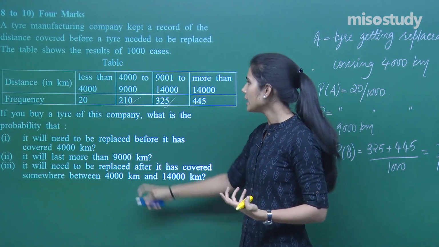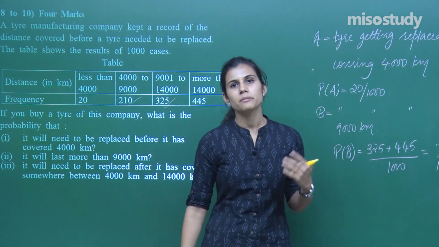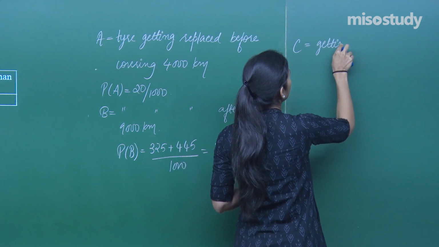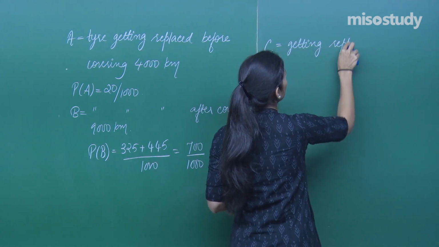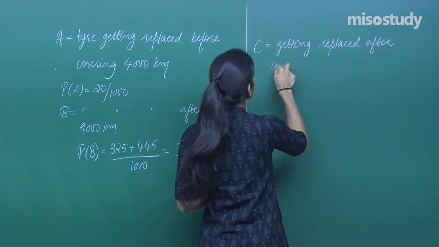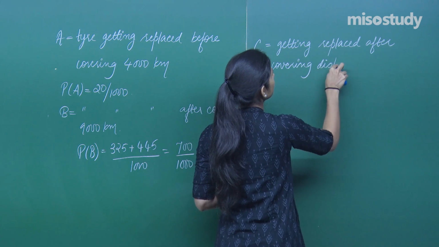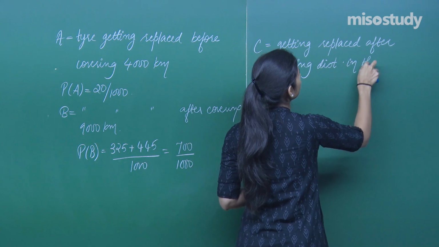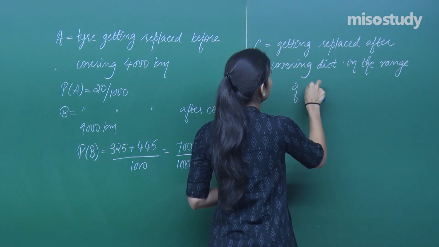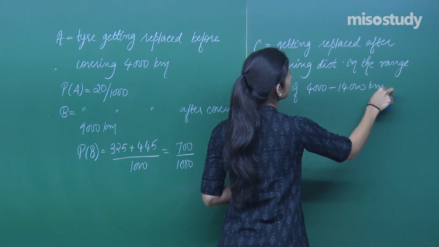So out of 1000 tires, 210 plus 325 tires are actually favoring my event C, which is getting replaced after covering distance in the range of 4,000 to 14,000 kilometers.